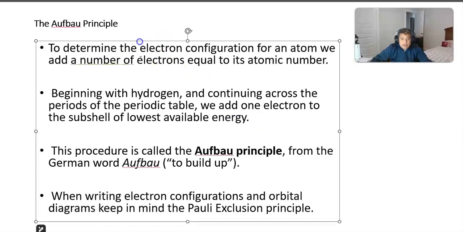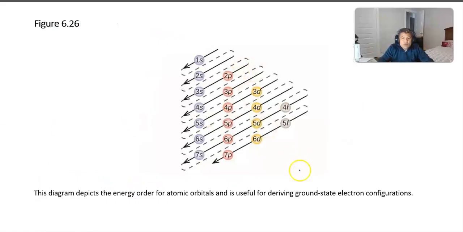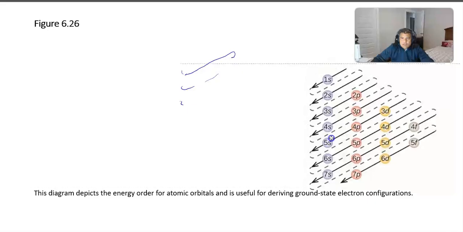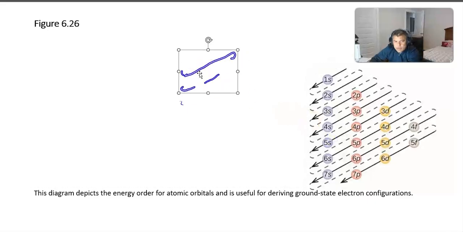So I already said the Aufbau principle. Now let's see the Aufbau principle. First of all it will fill the 1s, and after 1s it will fill 2s, then 2p, 2p to 3s, 3s to 3p, 3p to 4s, 4s to 3d, and like that. So let's do the electron configuration on the basis of all of these rules.